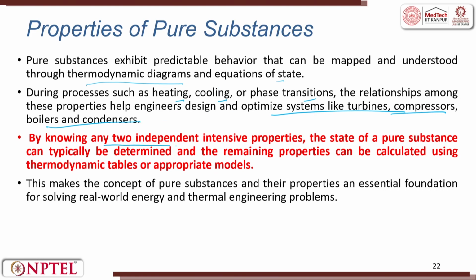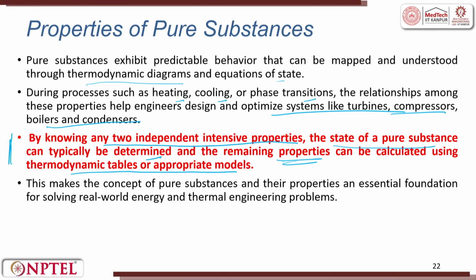By knowing any two independent intensive properties and the state of the pure substance, you can typically determine the remaining properties, which can be calculated using the thermodynamic table and appropriate models. So, this is very important.